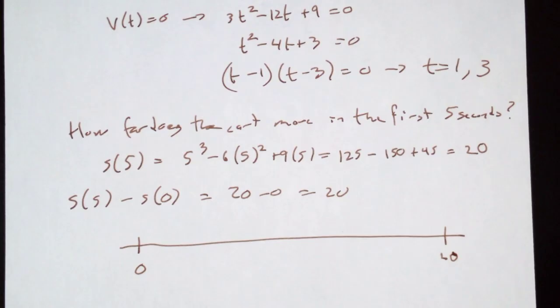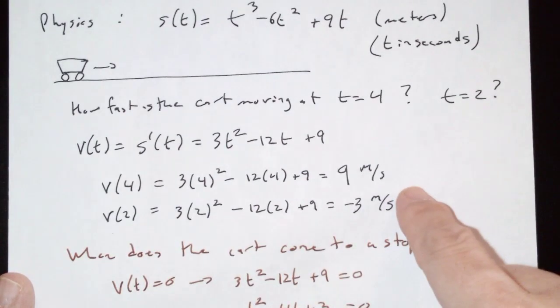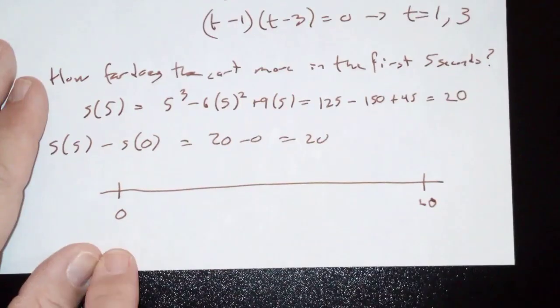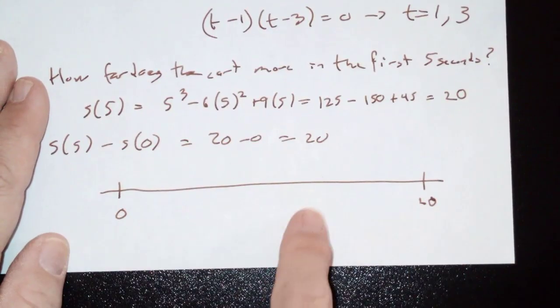But what does this tell me? At some point I was moving backwards, wasn't I? So I didn't just go from there to there. I went back and forth.